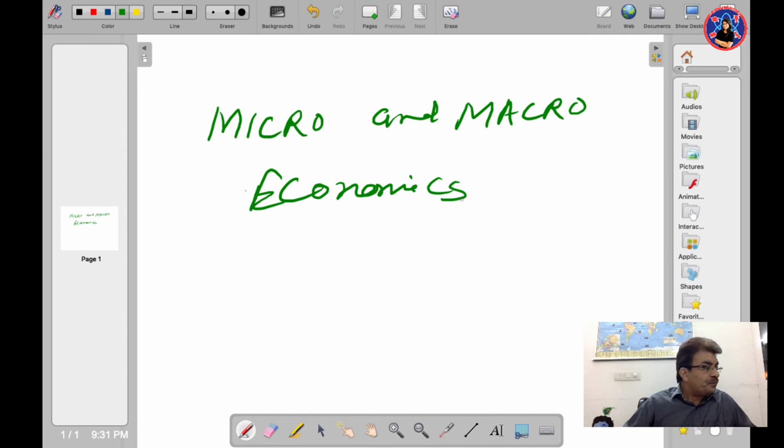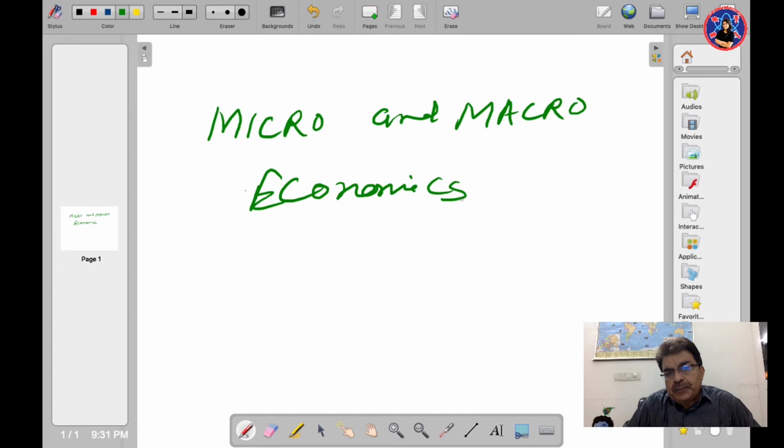Second, price is determined at the micro level, and income is determined at the macroeconomics level. Third, micro deals with only small units and macro deals with the whole economy. So you will be able to understand what is micro and what is macroeconomics.